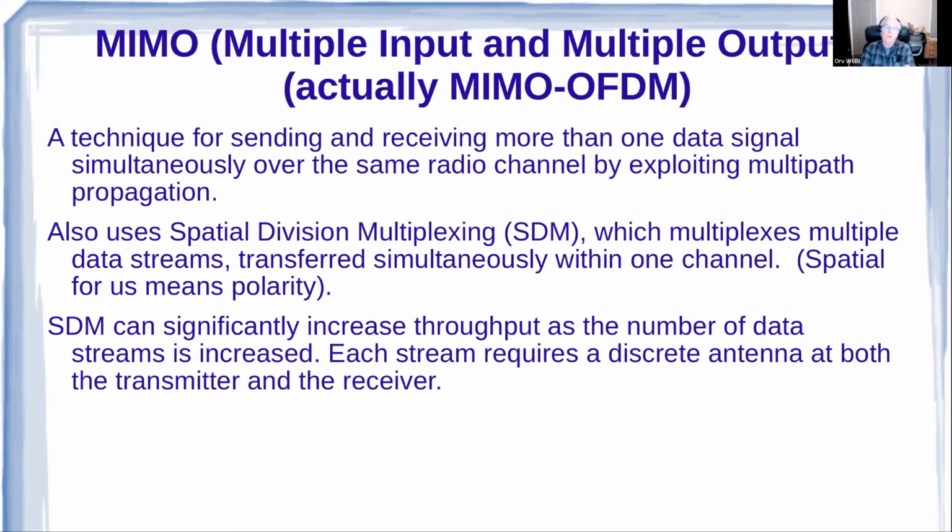Obviously, if you have more data streams, the more data you can send from end to end. We use 2x2. There is 4x4 and 8x8 MIMO out there. And obviously between vertical and horizontal polarization, there's 90 degrees. 4x4 splits it up to 45 degrees, and the 8x8 is half of that.